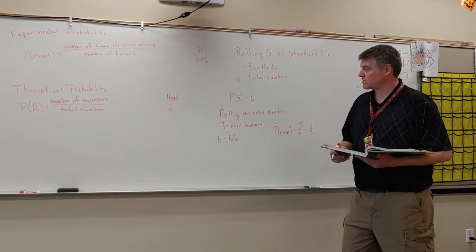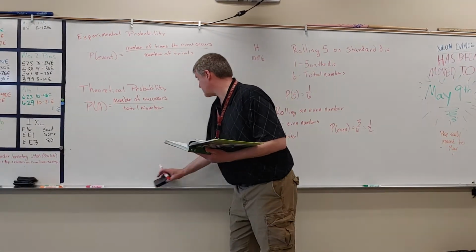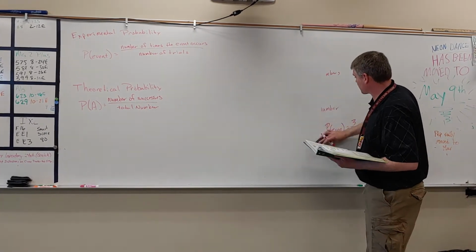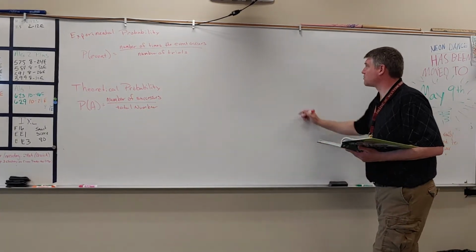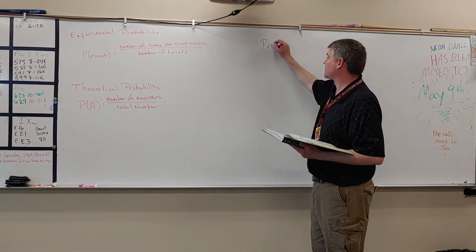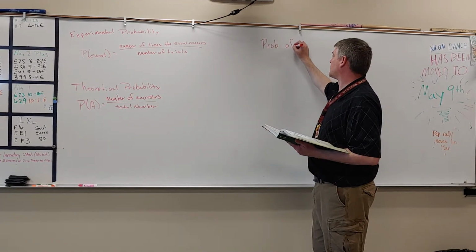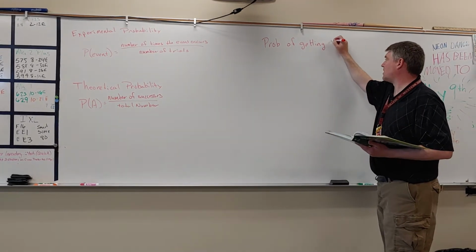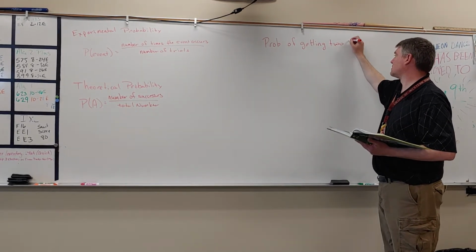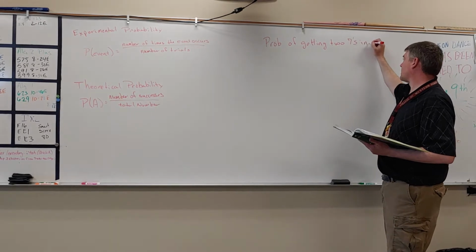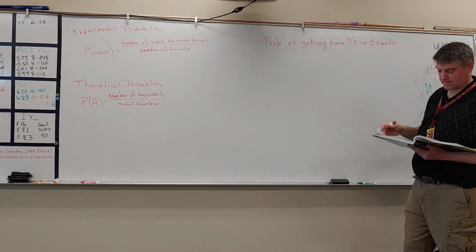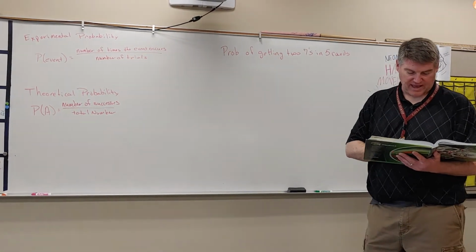So what we want to do is we're going to clean this up. So we're looking at what is the probability of getting 2 7s in 5 cards. Okay? So we need to find that.